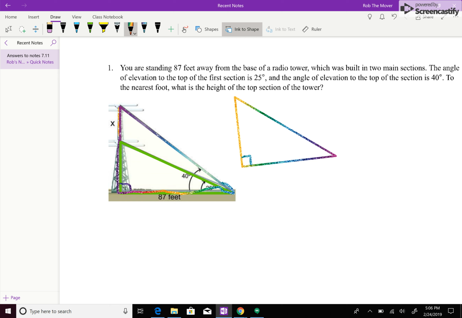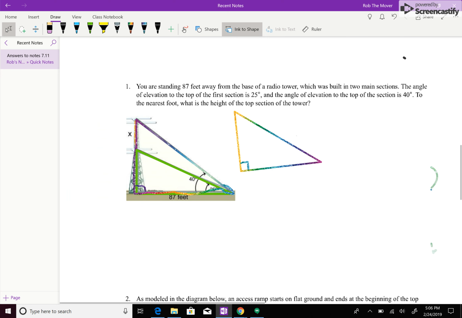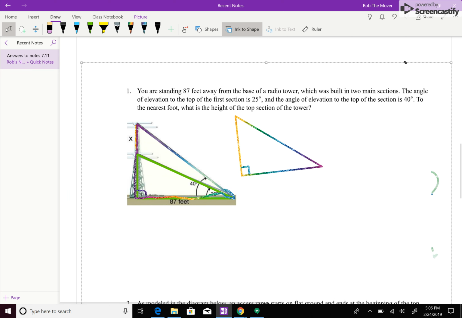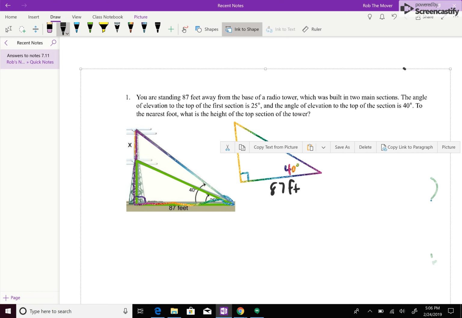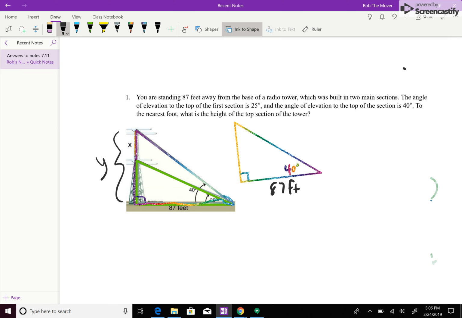You've got that right triangle, and you've got a 40-degree angle there. You've got a right angle, and you know that this side is 87 feet. You know that this side up here, we haven't given it a name. Let me call that Y, okay?